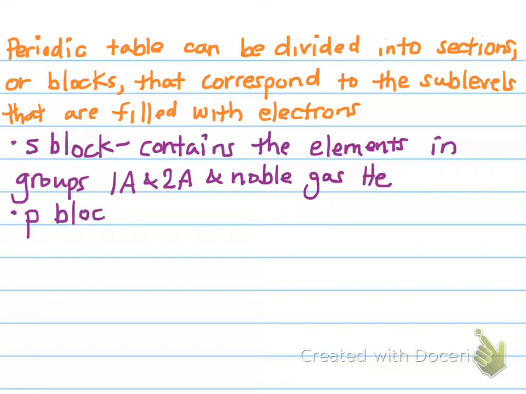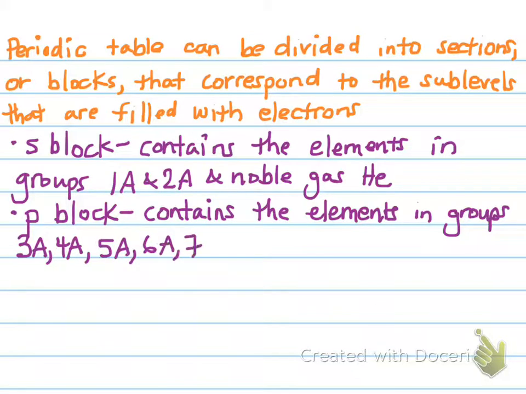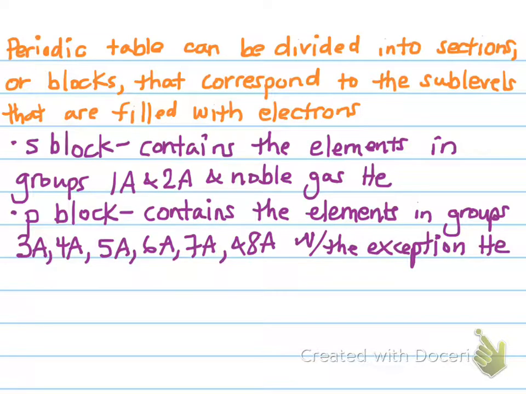The P block, which contains the elements in groups 3A, 4A, 5A, 6A, 7A, and 8A, with the exception, so except or not basically, helium. Because helium only has 2 electrons in its highest occupied energy level.